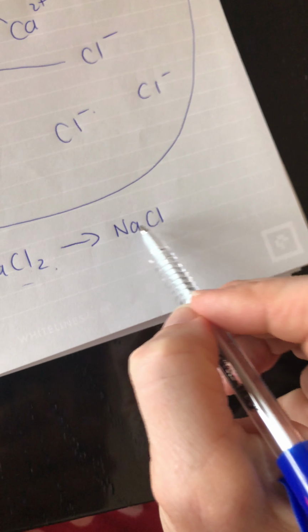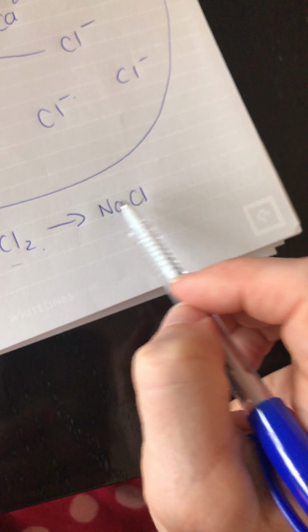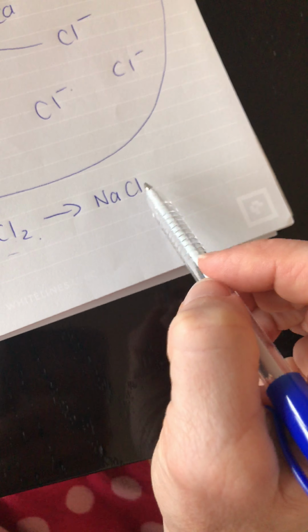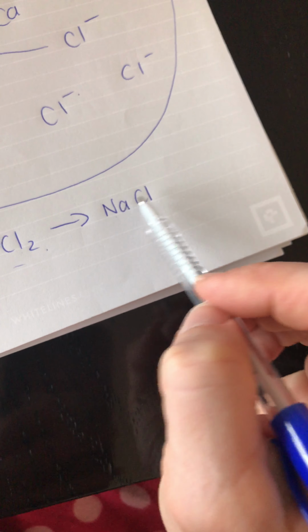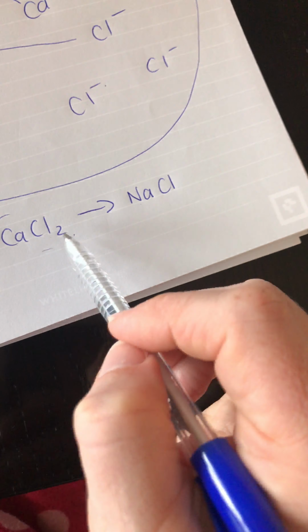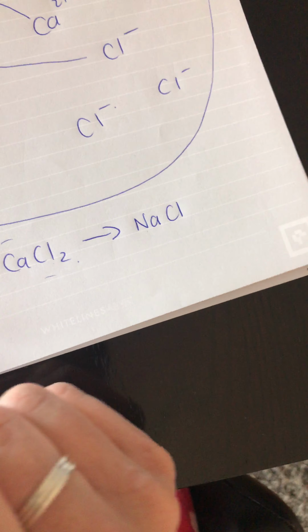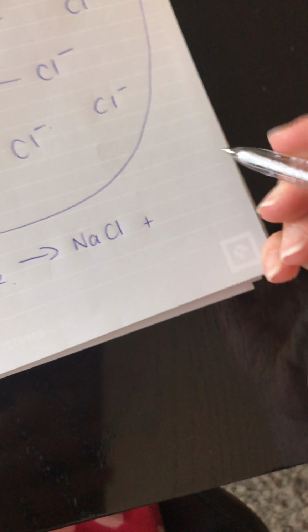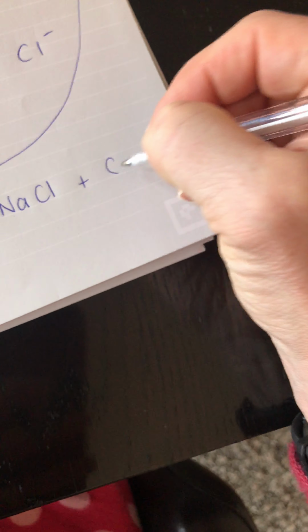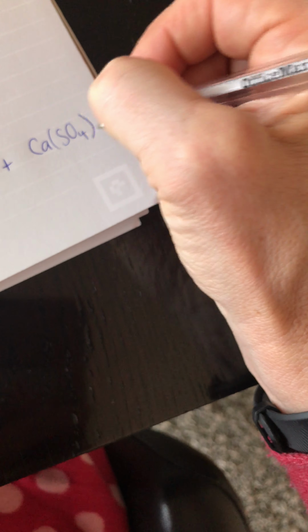When I'm hooking up sodium and chloride together, I need to check whether I need two of each or one of each or three of each or whatever. So I need to check the charges on these two before I start putting little numbers in to adjust the formula. So at this stage, I'm just writing the actual parts that are going into the chemicals. So the front of this one is calcium, the back of this one is that sulfate ion.